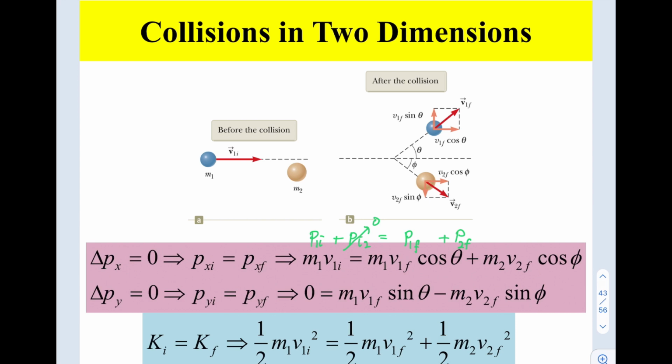We are considering all of it in the X component. So V final for object 1 in terms of X is V1 final cos theta, which is this one. Then the V final of object 2 in terms of X is V2 final cos phi.